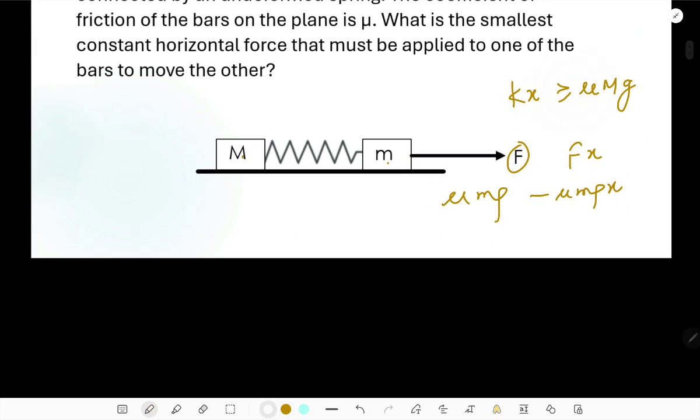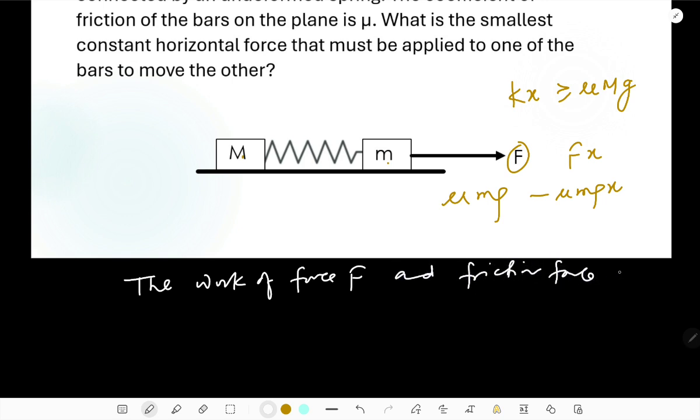In solving all such kinds of problems, I use a method that is based on the first law of thermodynamics, and that I am providing you: that the work of force F, the force required, and the friction force, is equal to the change in potential energy of the spring.